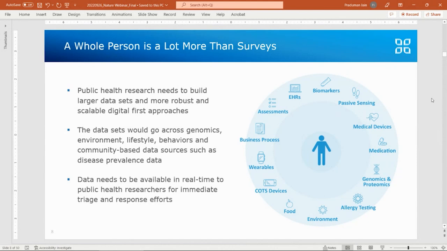They are leading these data collection methods for infectious disease. And also, how do we share this data that would come from genomics, environment, lifestyle behaviors, and combine that with community level prevalence data? Because that's what tells us how the infectious disease is spreading at a community level.